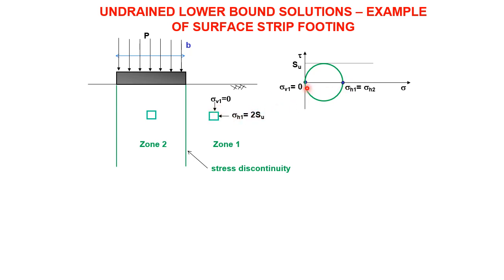That's the biggest Mohr circle I can possibly have and the maximum difference of the stresses. I know that for equilibrium, I must have the same horizontal stress in zone 2 as zone 1. Otherwise, something's going to move. So the horizontal stress in zone 1 is 2SU, so the horizontal stress in zone 2 must also be 2SU. Put that here.